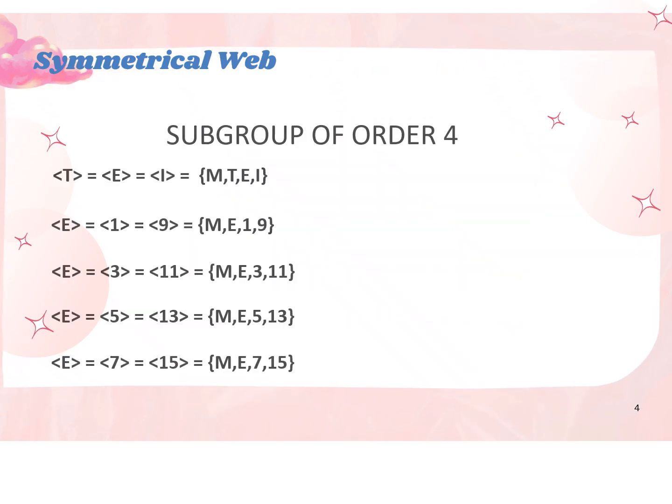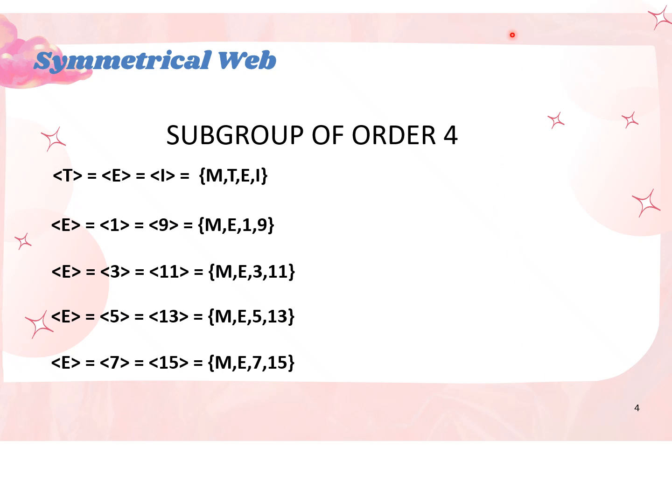Now let us proceed to subgroups of order 4. We have generator T, E, I, having the elements M, T, E, I, then generator E, 1, 9 with the elements M, E, 1, 9, and then generator E, 3, 11 containing the elements M, E, 3, 11, and also the generator E, 5, 13 containing the elements M, E, 5, 13, and also last, for the subgroups of order 4, we have the generator E, 7, 15 containing the elements M, E, 7, 15.